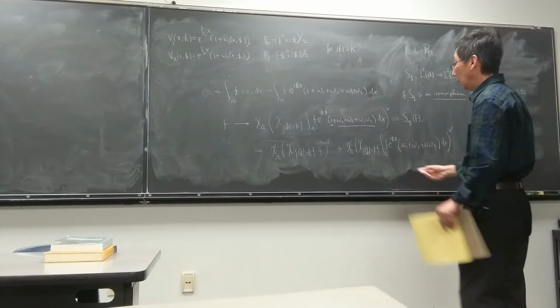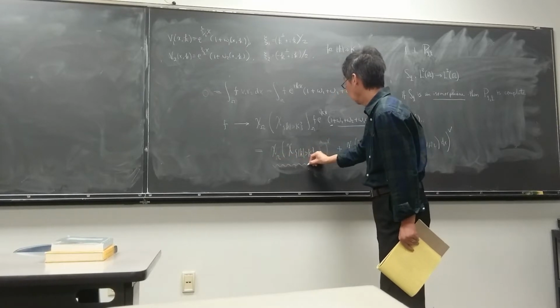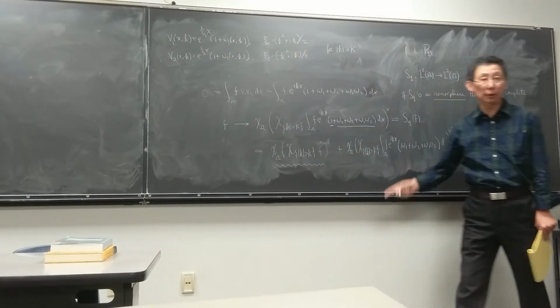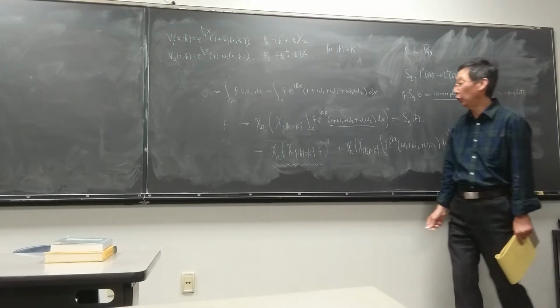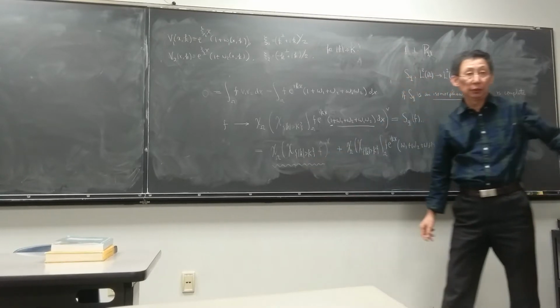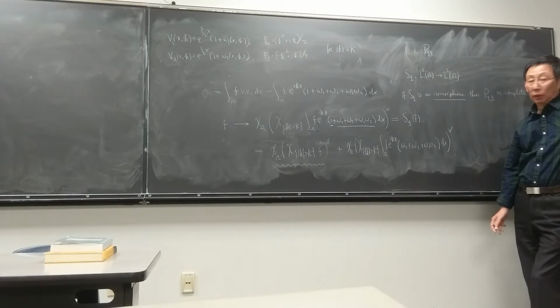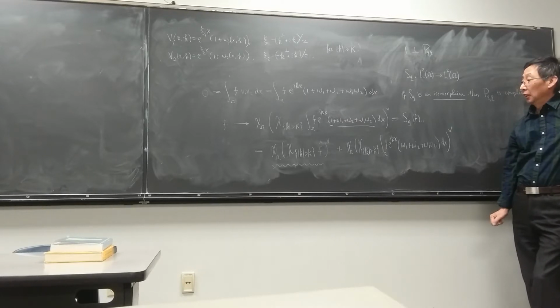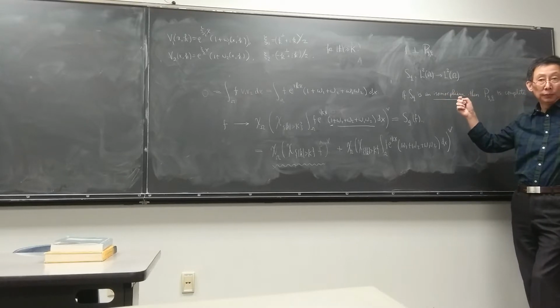Last time we did something about this, AQ, right? It's called AQ. We proved an important property of AQ: AQ itself is an isomorphism.